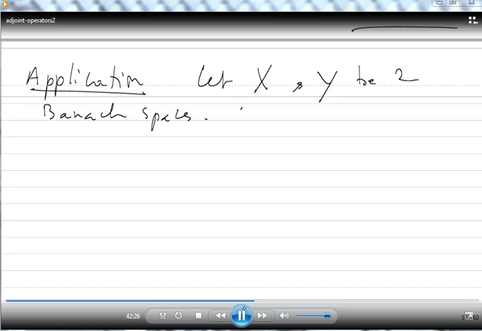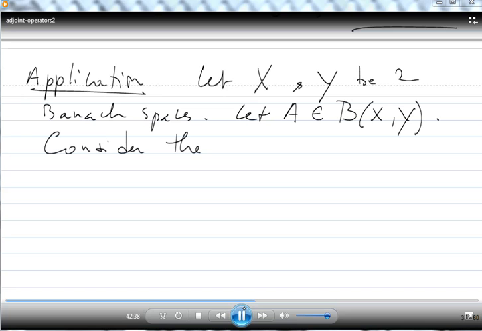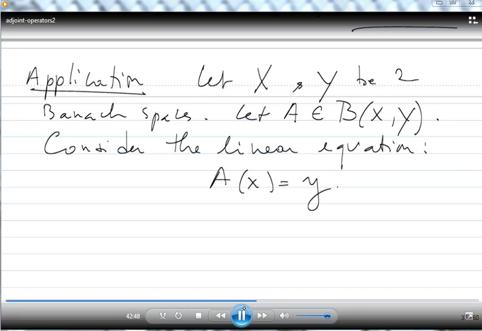Let A be a bounded operator, and we consider the linear equation A of X equals Y. So we are given little y in capital Y, and we are looking for X in capital X. So we're trying to solve it.